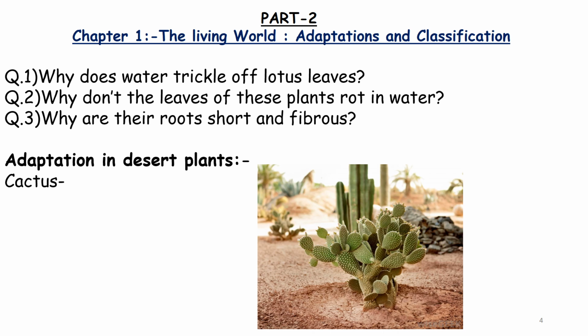Why is it so? Because desert plants are either leafless or their leaves are like small needles or have been modified into thorns. Understood? And as a result of this, they lose very little water by evaporation.